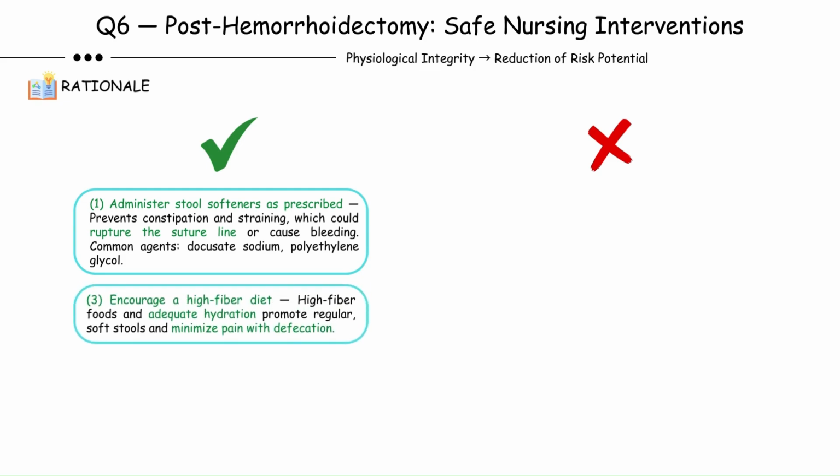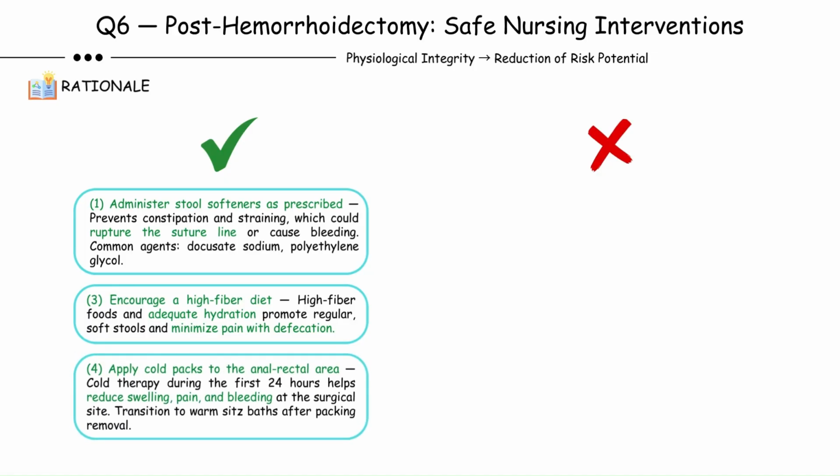Option 3. Encouraging a high-fiber diet along with good fluid intake also supports soft, regular stools. Fiber pulls water into the stool and prevents hard, painful defecation. This reduces anxiety about the first bowel movement and lowers the risk of complications. Option 4.